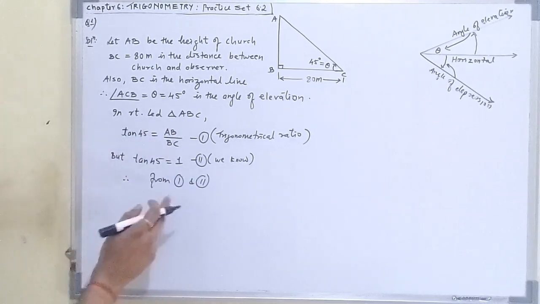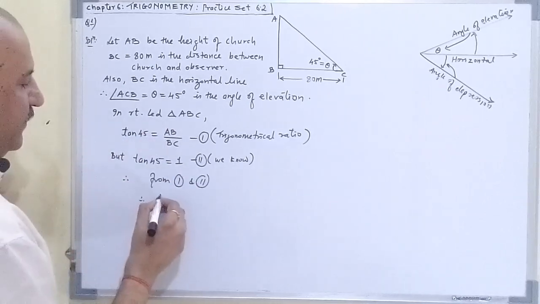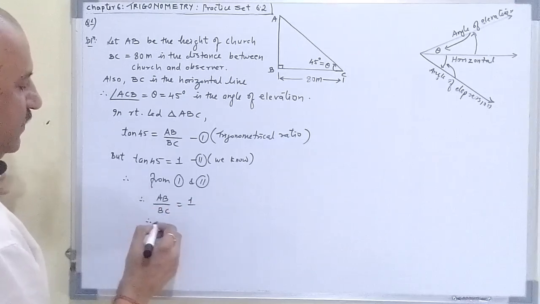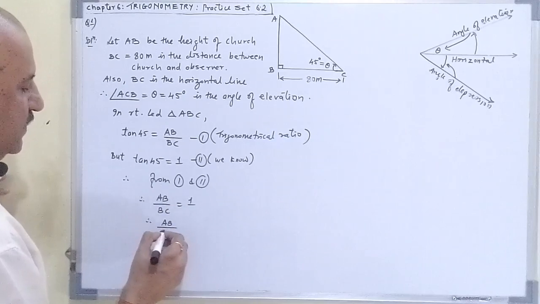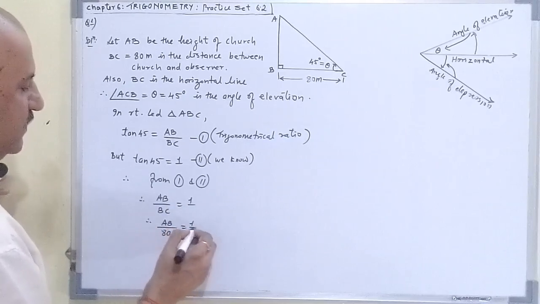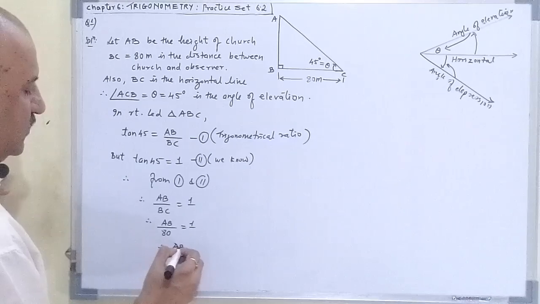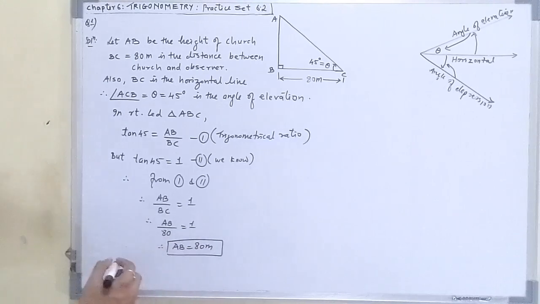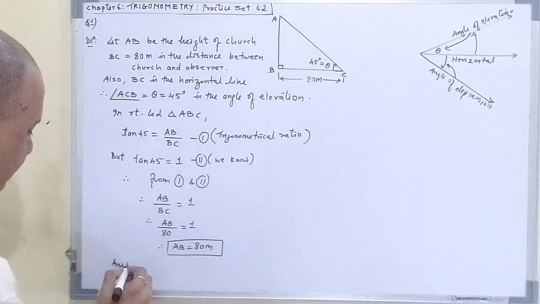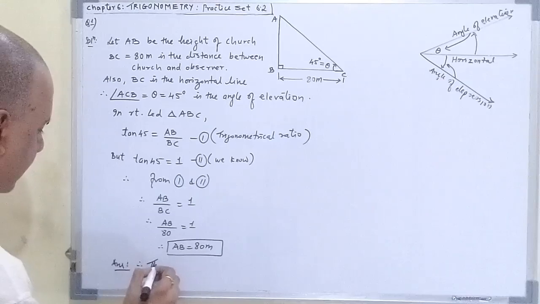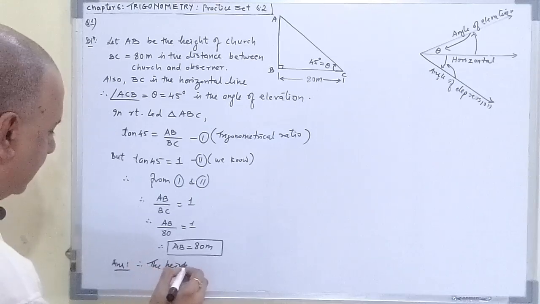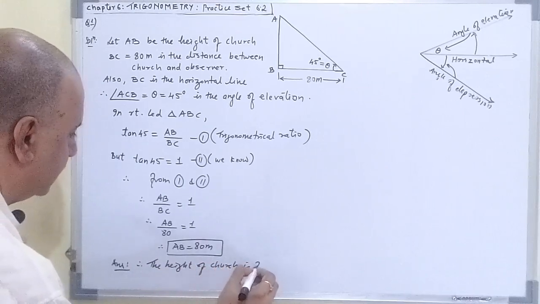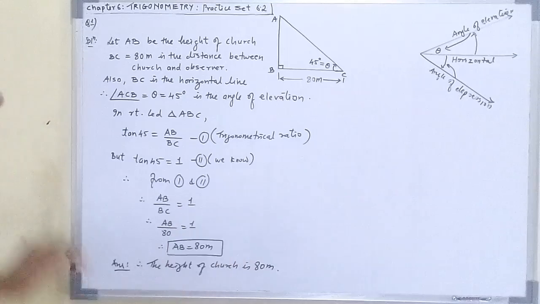Since left hand sides are equal, right hand sides are equal. Therefore, AB upon BC equal to 1. What is this? BC is 80 meters. So AB is also 80 meters. Final answer. Therefore, height of church is 80 meters.